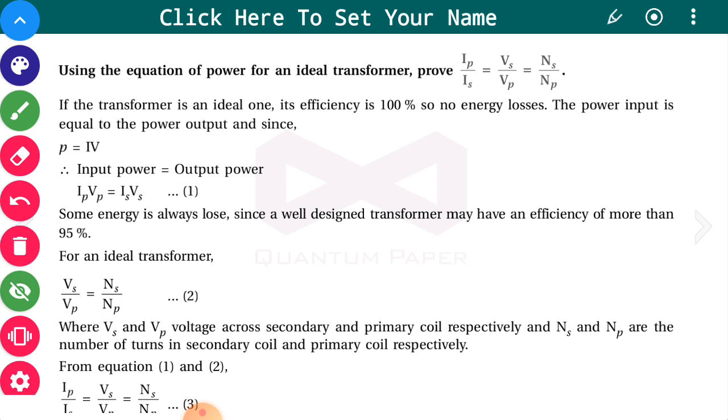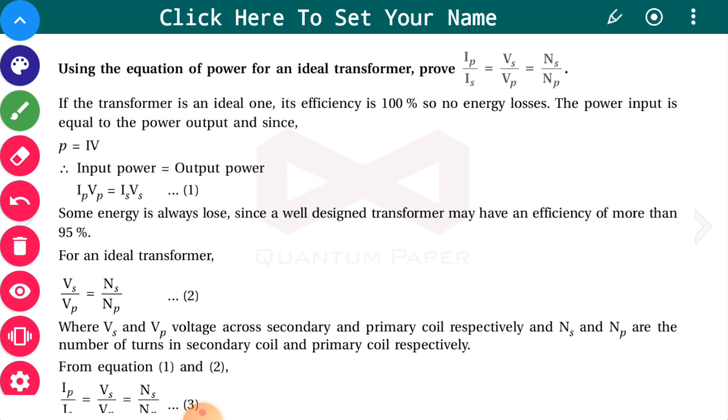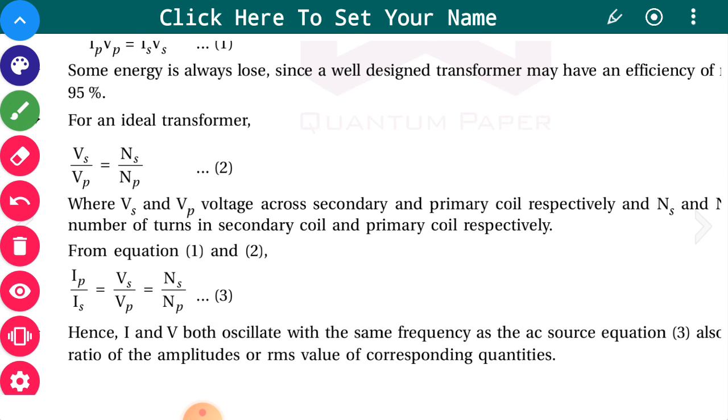Now see, some energy is always lost, okay, but the total amount of energy supplied to the primary is linked with the secondary. So we can say that for an ideal transformer, Vs upon Vp is equal to Ns upon Np, where Vs and Vp are the voltages across secondary and primary, and Ns and Np, as you know, are the number of turns in the secondary and primary.